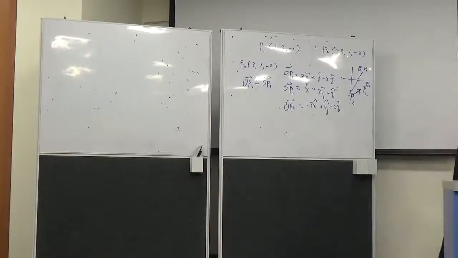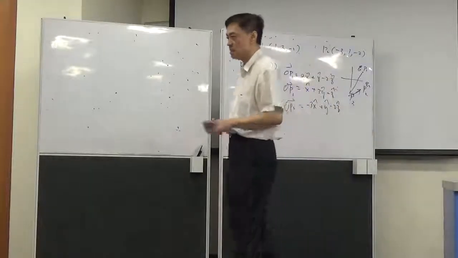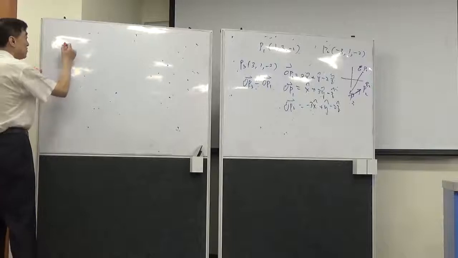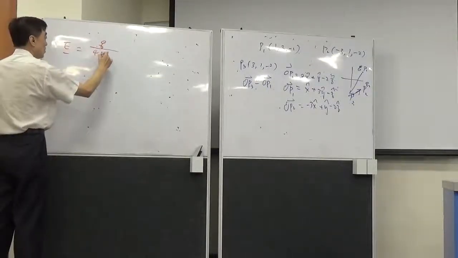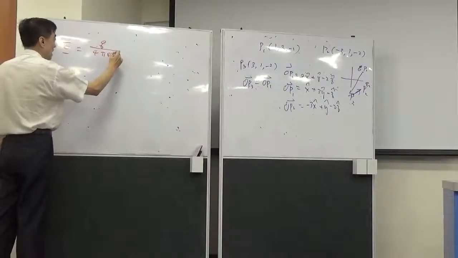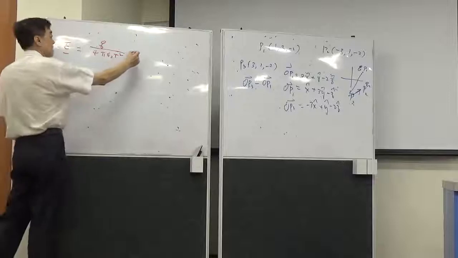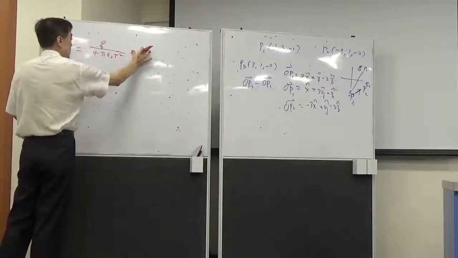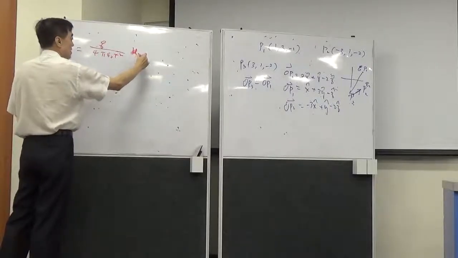Now, what is the electric field? Q over 4π ε₀ R squared times the unit vector pointing from P1 to P2.